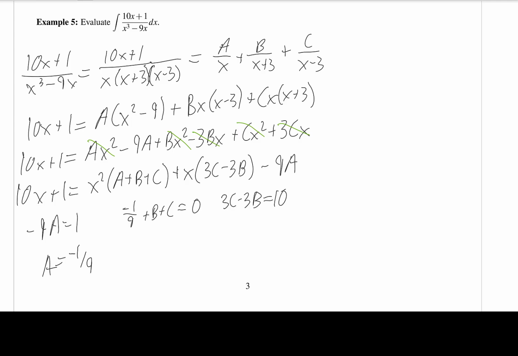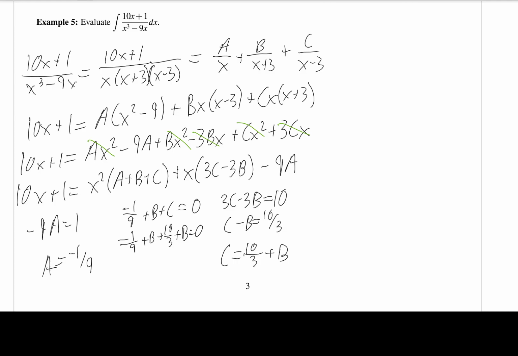I'm going to divide both sides by 3. That'll give me c minus b equals 10 over 3. So c equals 10 over 3 plus b. So this gives me negative 1/9 plus b plus c is equal to 10/3 plus b, so plus 10/3 plus b equals 0.